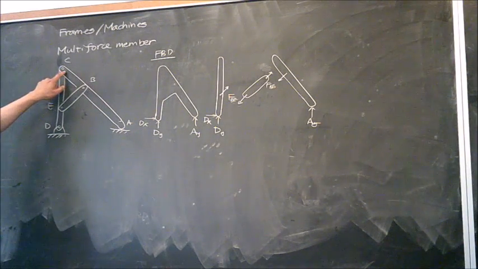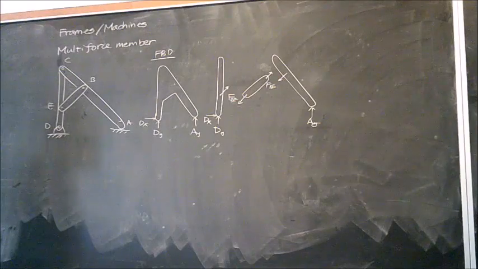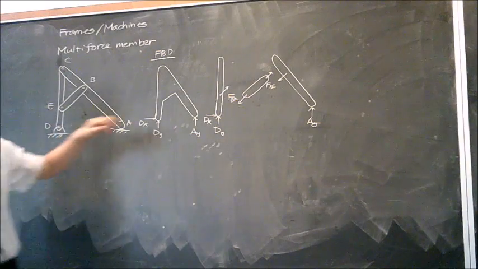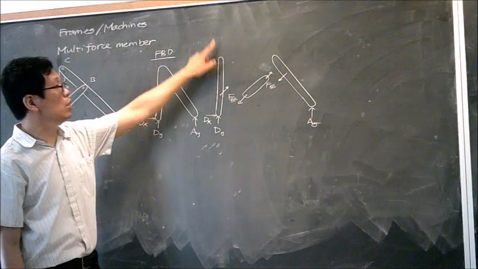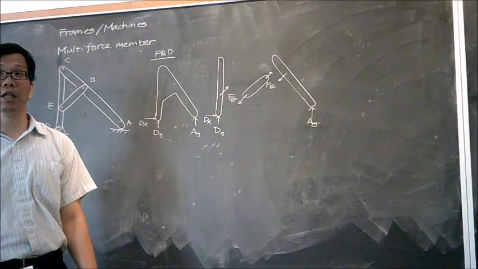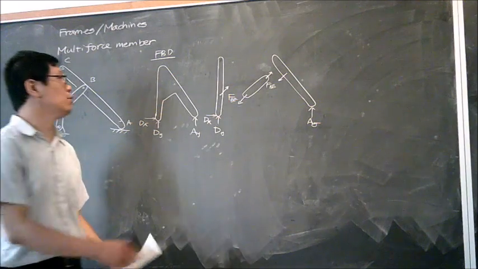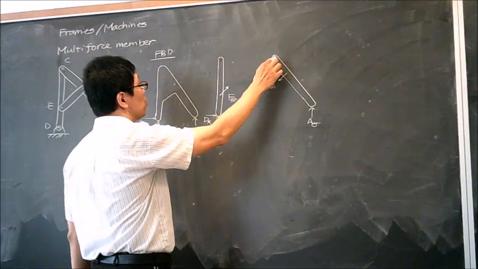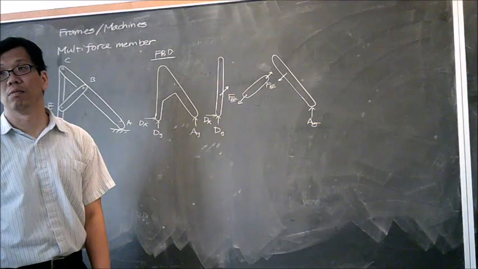How about this one? Is AC or CD a two force member? No. If they are not two force members, we cannot assume the force over here is in this direction and this direction, because they're simply not going to balance each other. If you say the force over here is in this direction, and this force is in this direction, what are you assuming?